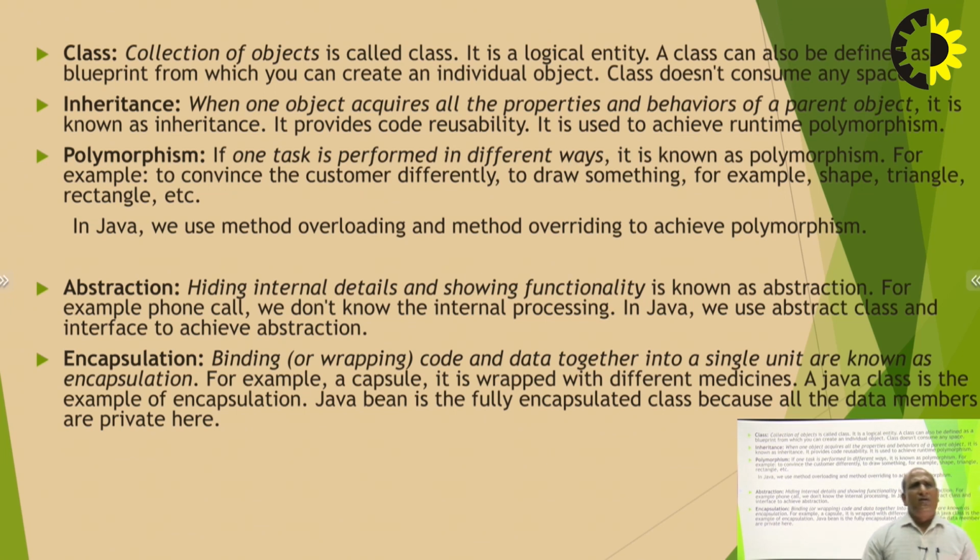Now, the 4 paradigms, the 4 concepts that object oriented programming supports, are encapsulation, abstraction, polymorphism and inheritance. Abstraction means showing the essential things without going into the details; we are showing just the essentials and hiding the background complexity and detail, and that is called abstraction.